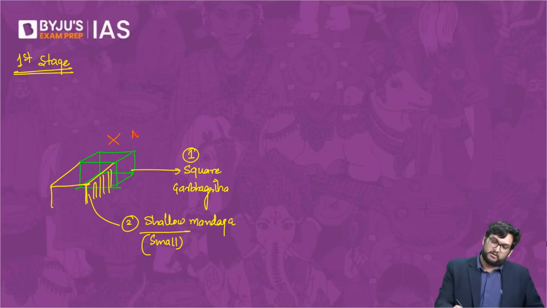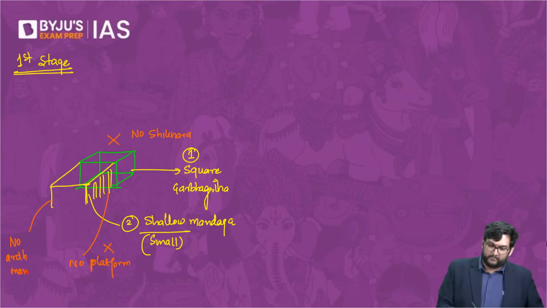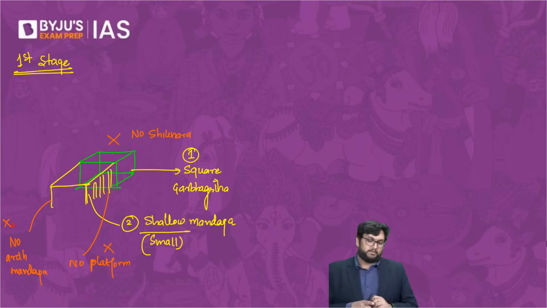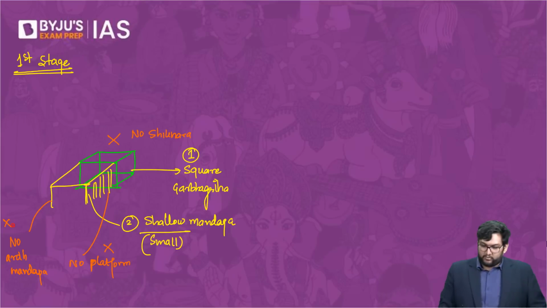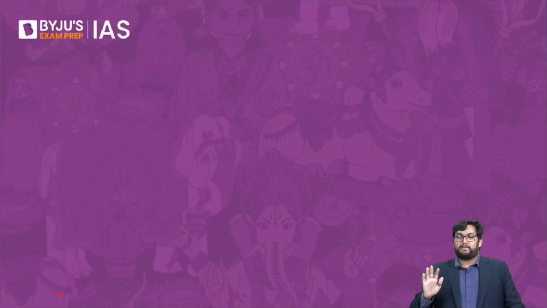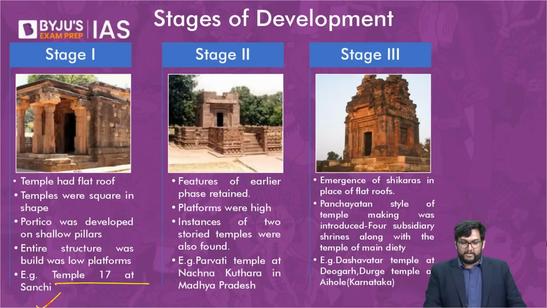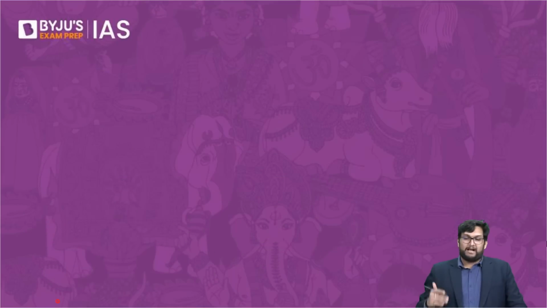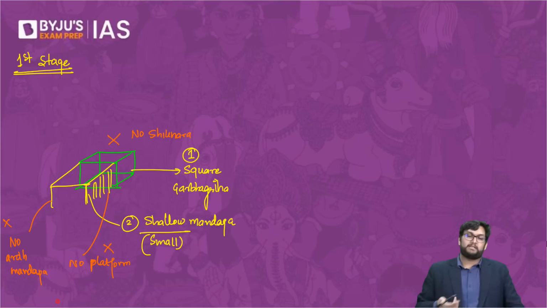No shikhar, no platform, and no ardha mandap. The example of this is given here also, don't worry about that. Every example is given, like Temple number 17 at Sanchi. When there's no Shikhar, there would be no Amlaka and Kalash.